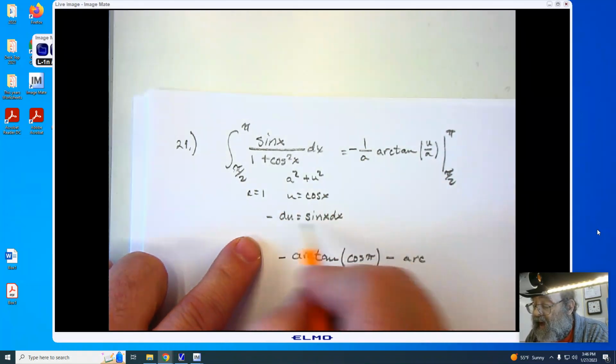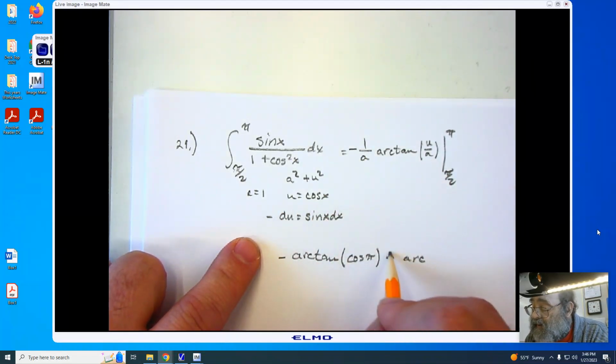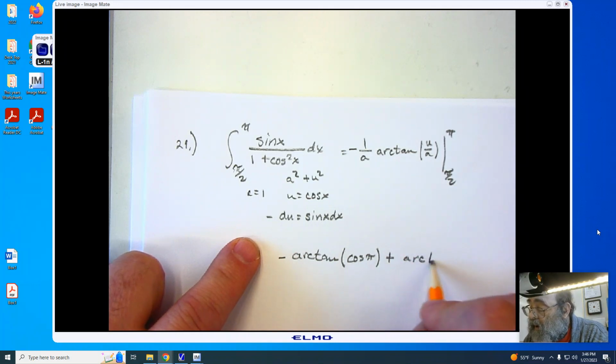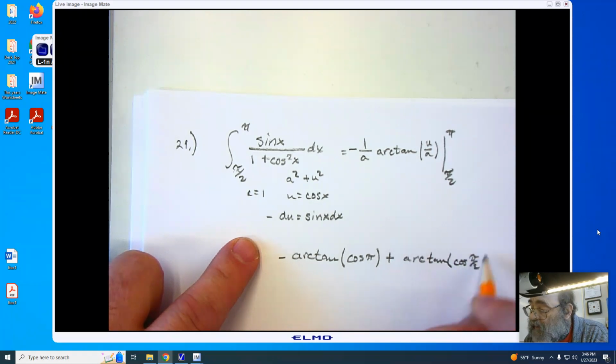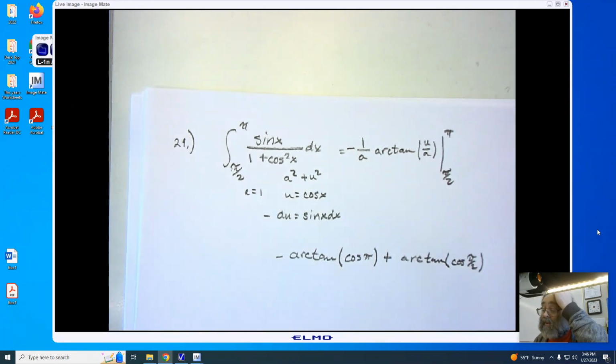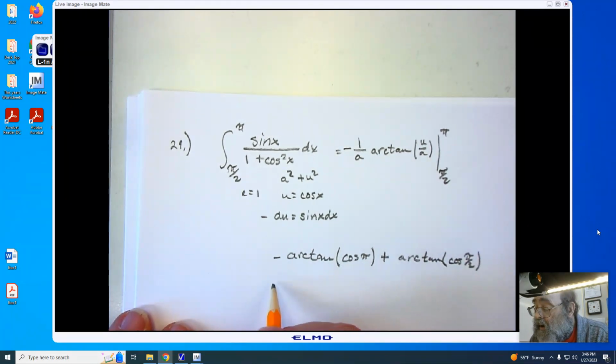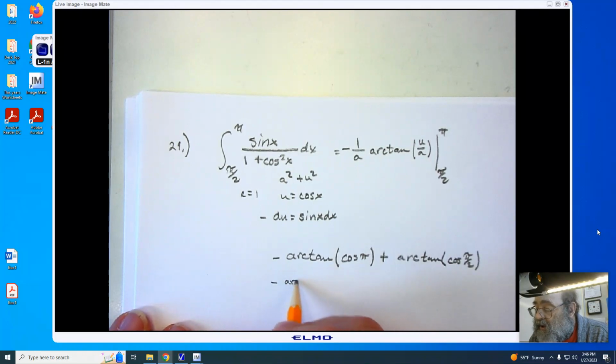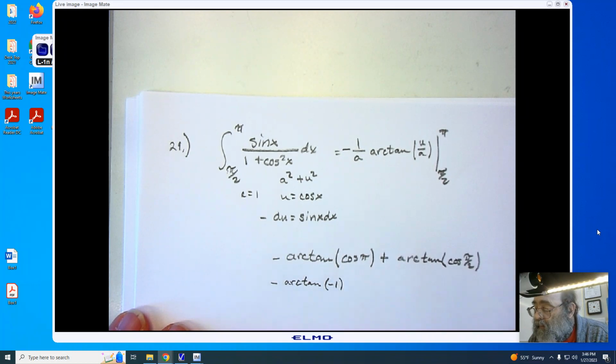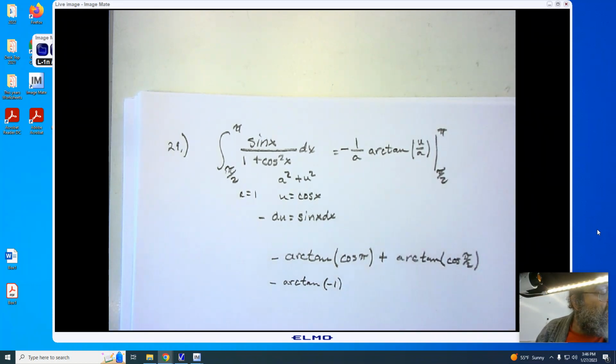After all, I did have that du, and that's going to become a plus arc tangent for the cosine of pi over 2. Now, we know that the cosine of pi is -1. We know that arctangent is an odd function. And so we are looking at that negative coming out.